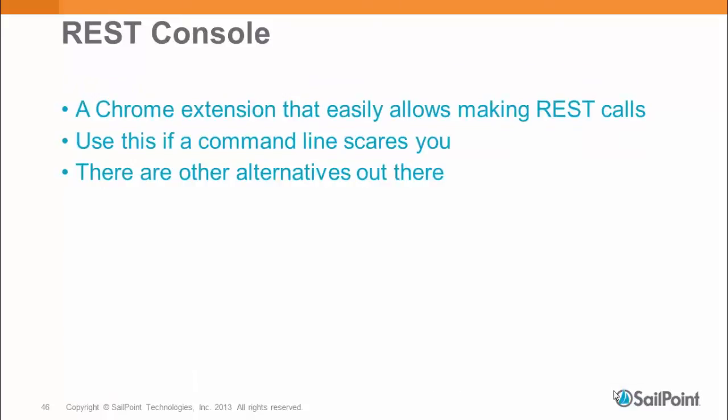There's also a Chrome extension called REST Console that I like to use. There's a number of other tools out there that are similar to this, but if you want something that's a little more user-friendly, if using a command line scares you, then avoid curl, use one of these things. It's an easy way to make some REST calls and just to play around with the SCIM API.